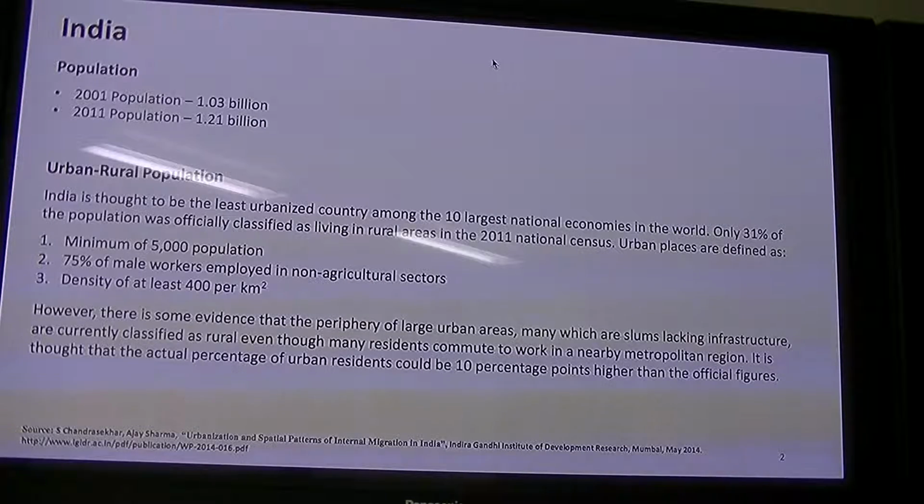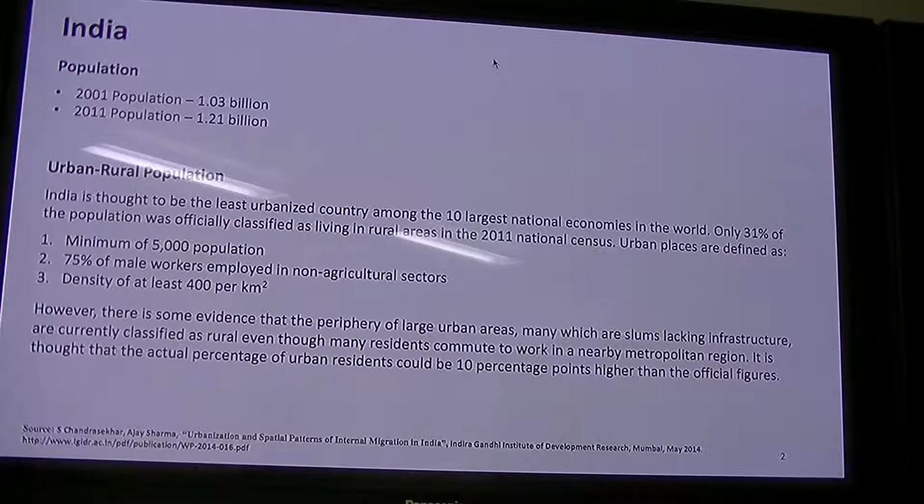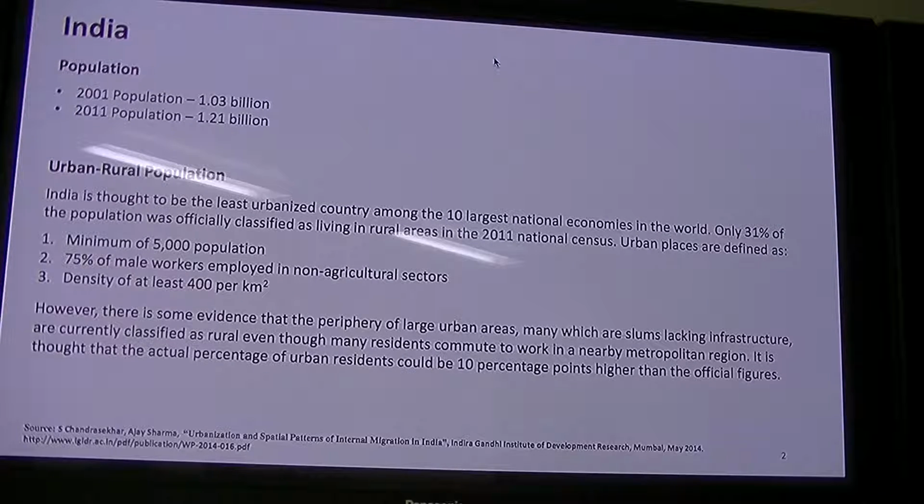If you've heard that term, if you work with Japanese census data, you'll see they use a term called DID, and it means densely inhabited district, and the minimum is 4,000 per square kilometer.